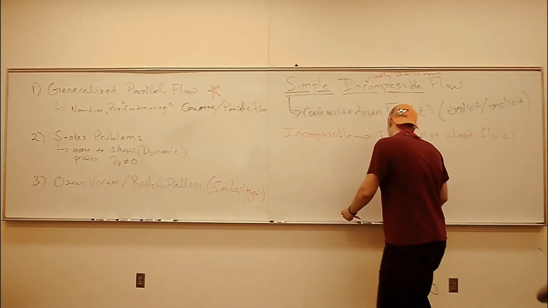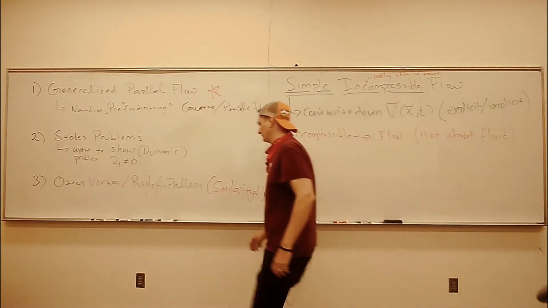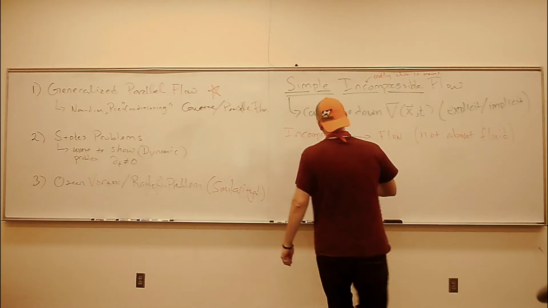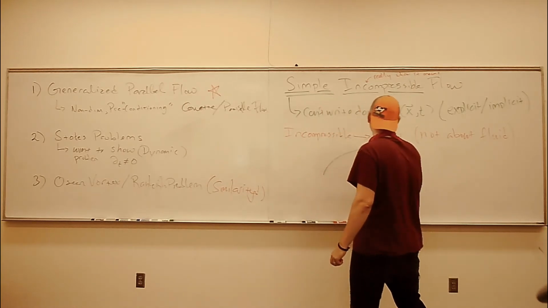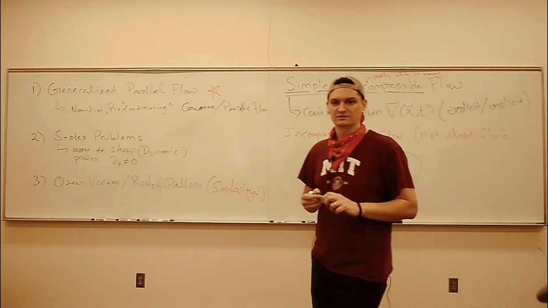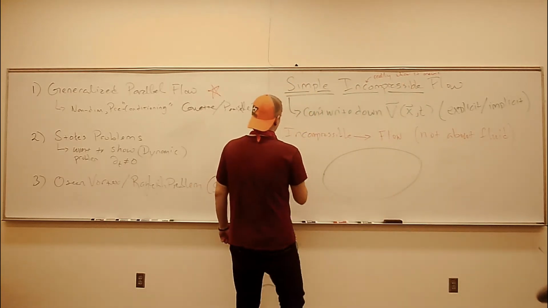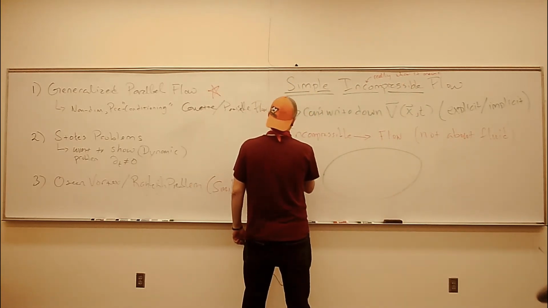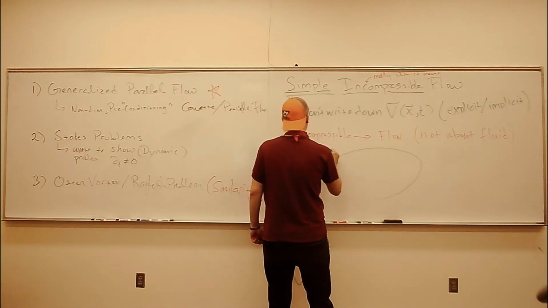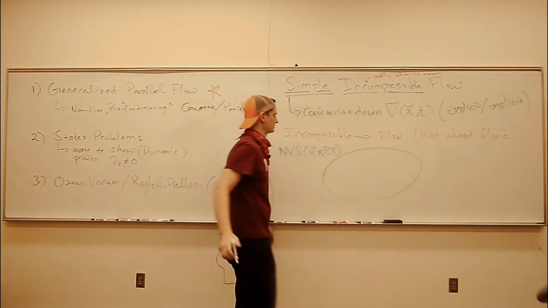Okay, another key important thing, and I like this, I do a bunch of math, but we have this set of equations, the Navier Stokes equations. I'll call them NS, and they eat vector fields, rho, pressure, and temperature.